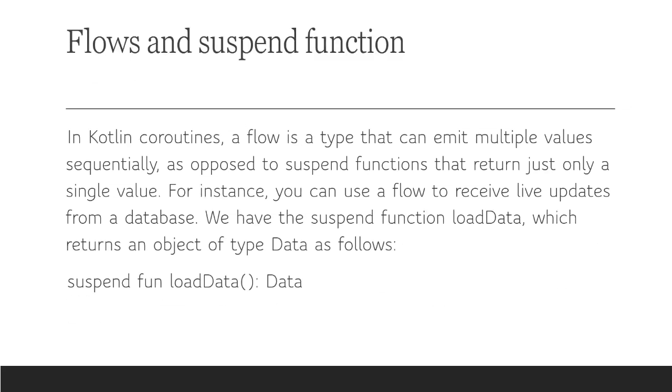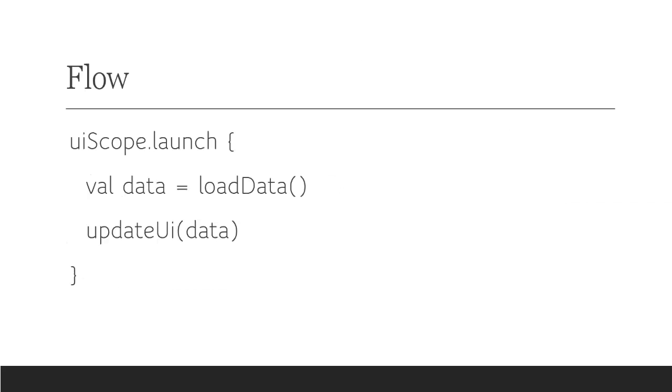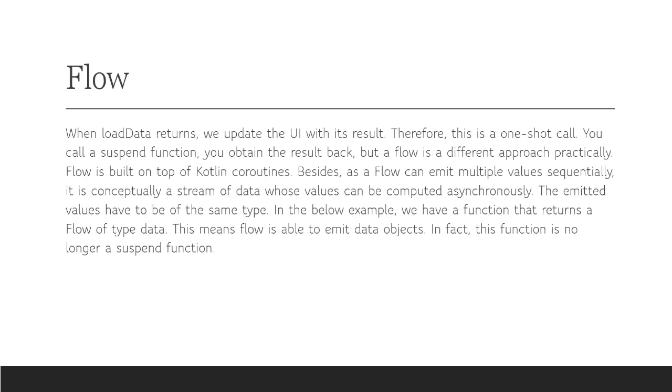In Kotlin coroutines, a flow is a type that can emit multiple values, as opposed to suspend functions that return just a single value. For instance, you can use a flow to receive live updates. If we have a suspend function loadData, we fetch the data, and when loadData returns, we update the UI with its results.